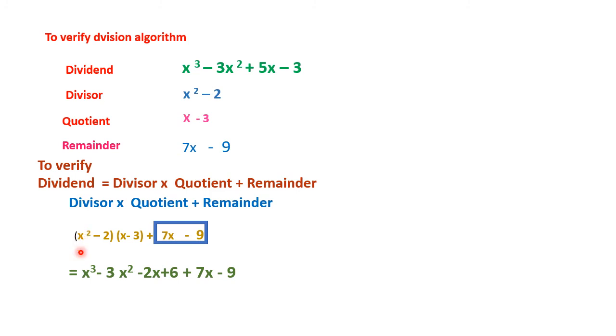As you can see, x squared into x is x cubed, minus 2 into x is minus 2x, then x squared into minus 3 is minus 3x squared, and minus 2 into minus 3 is plus 6. This much part is the product part, and this 7x minus 9, be very careful, it is the remainder.